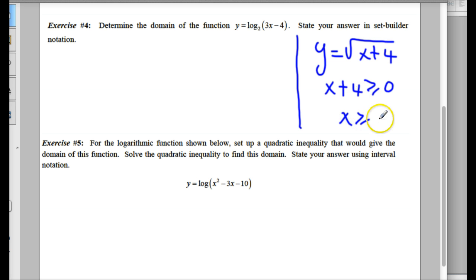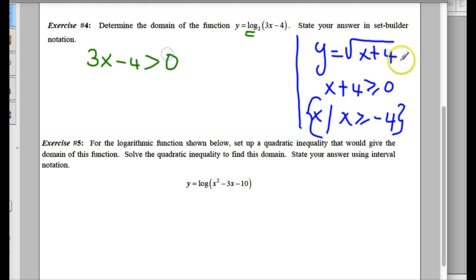So for example, here my domain would be x such that x is greater than or equal to -4. Now with log functions, we take what's in parentheses, which is the 3x minus 4, and we make it greater than 0. Remember, this time it's not equal to, because we saw in the previous example, our graph always gets close to 0 but never touches it, so it will never be equal to 0.